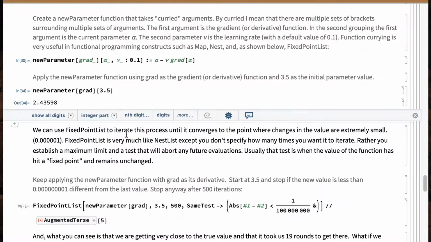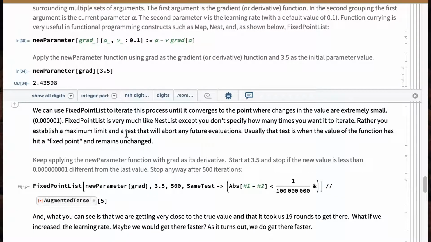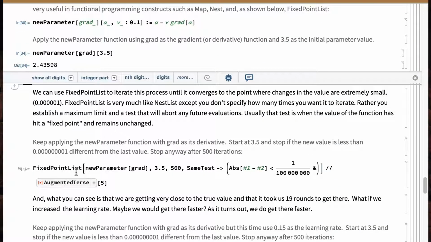There is a Mathematica function, a Wolfram language function that does this. It's called fixed point list. And the idea is, it's like nest list. You just keep iterating over and over and over again. And the only difference from nest list is instead of saying, I want you to really do it a certain number of times, you put a bound on it. You say, don't do it more than 500 times, because bad stuff can happen when you keep iterating a function.